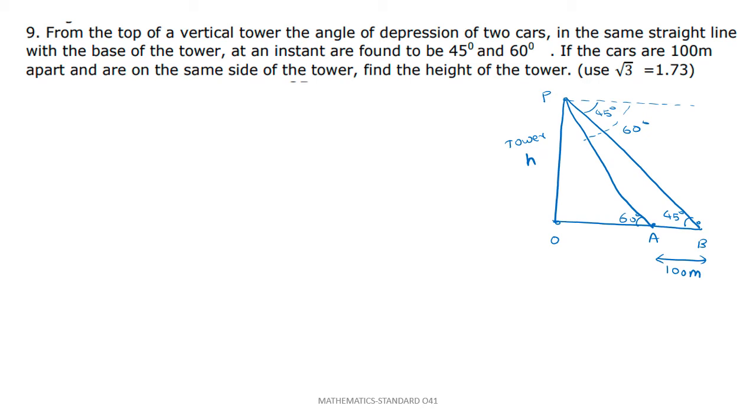Okay, so again let's read the question. From the top of a vertical tower, means from the top of the tower, I'm just looking at the cars. The cars are at 45 degrees and 60 degrees depression in the same straight line with the base of the tower. So you need to draw like this. If the cars are 100 meters apart, the distance between the two cars is 100 meters. Find the height of the tower, and √3 value is given as 1.73.